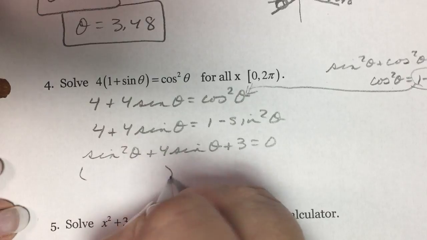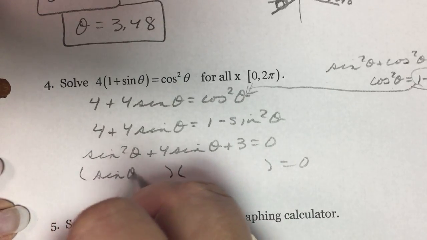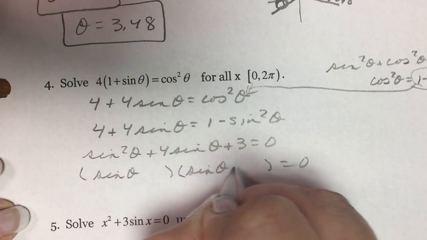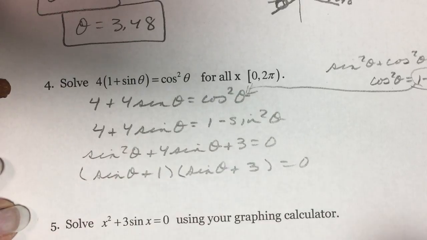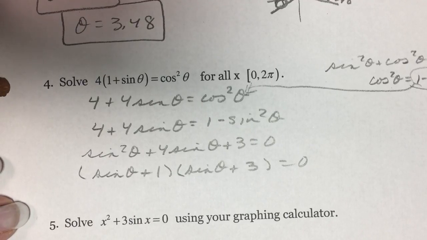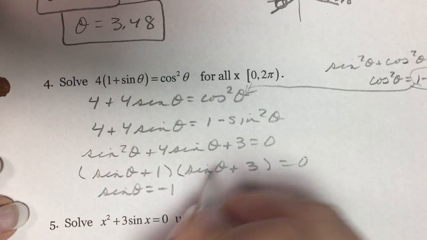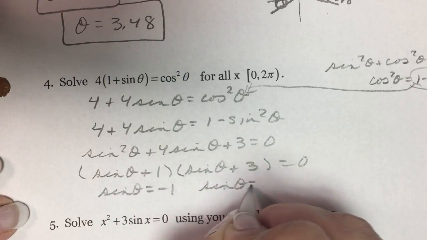Looks like I got a factor: sine theta plus 3, sine theta plus 1. So if I take each of my factors and set them equal to 0, sine theta equals negative 1, and sine theta equals negative 3.